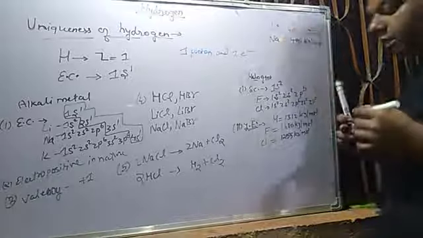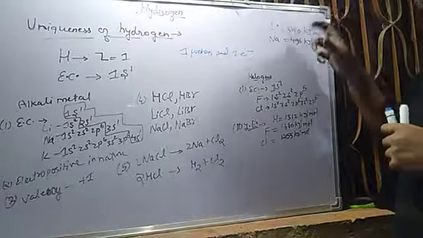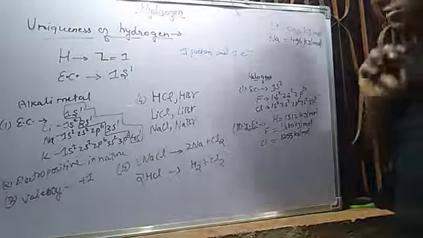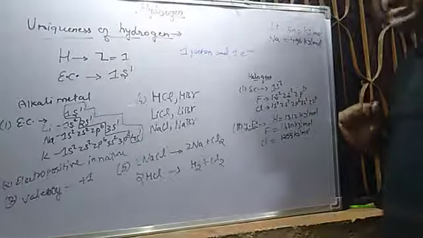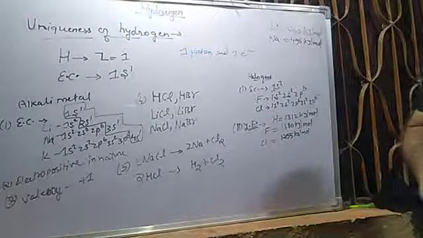So we can see that in terms of ionization enthalpy, it is not matching with the alkali metals. It is nearer to the halogens.